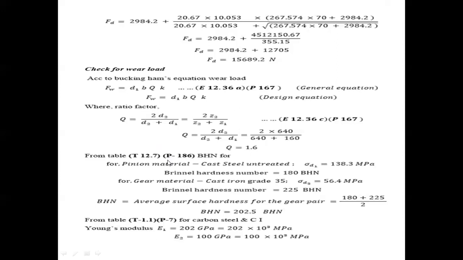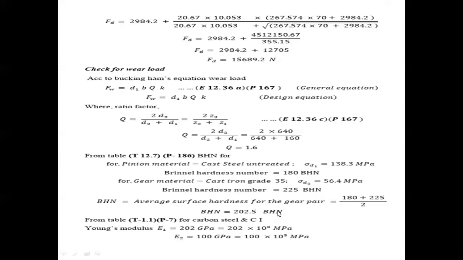From table 12.7, page number 186, the respective values for pinion and gear are 180 and 225 Brinell hardness number. I will take an average of these two, which gives 202.5 BHN.